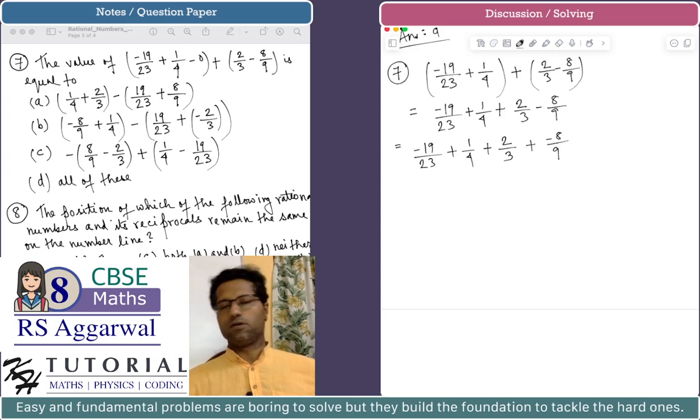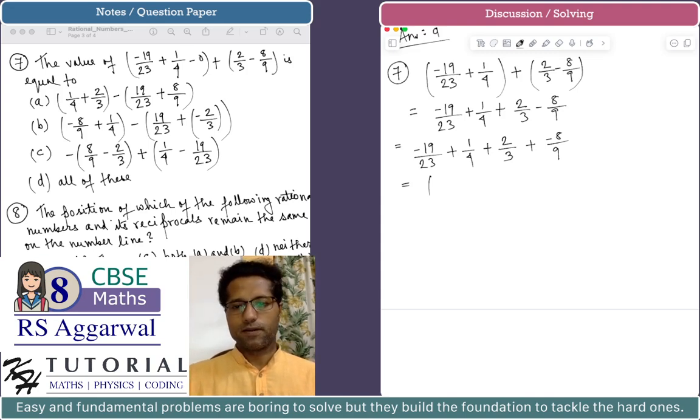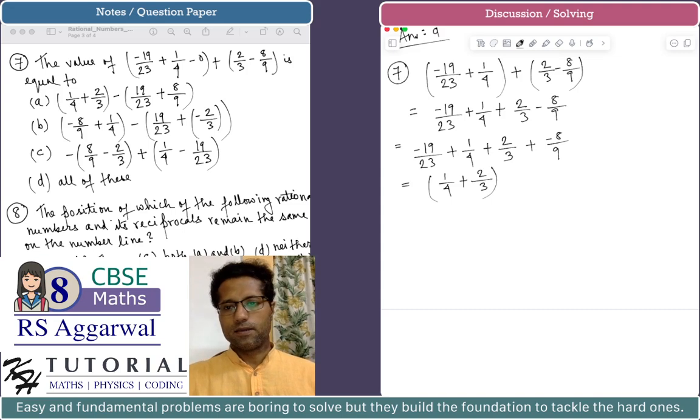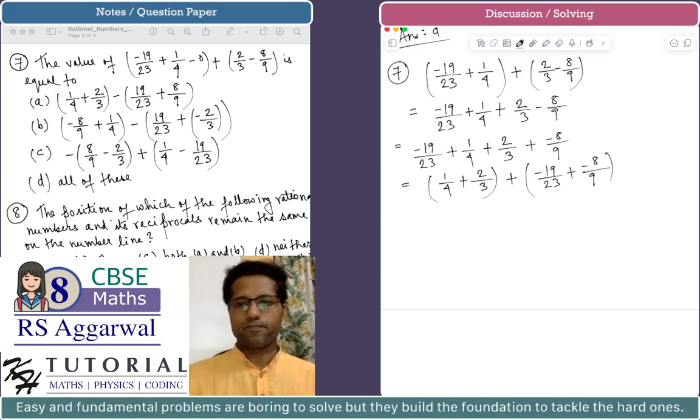So we have some addition of 4 rational numbers where 2 are negative. If you group the positive rational numbers together and the negative rational numbers together, we get 1 by 4 plus 2 by 3, and then I have minus 19 by 23 plus minus 8 by 9.